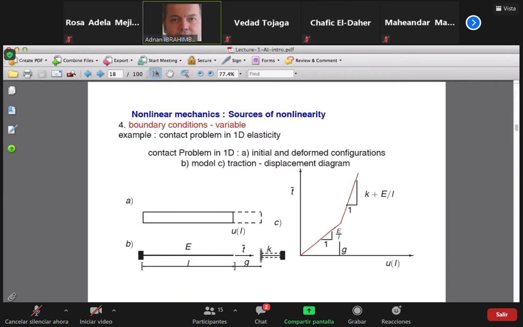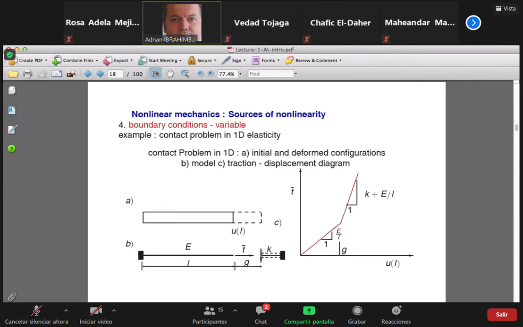So the final one is the boundary condition. Imagine you had a simple linear elasticity problem and you apply your force T, so there you're linear, but at a certain point here you have an obstacle. Instead of saying that the obstacle is rigid, sometimes I can say that the obstacle is something like a very strong spring that comes in the way and does not let this bar expand freely.